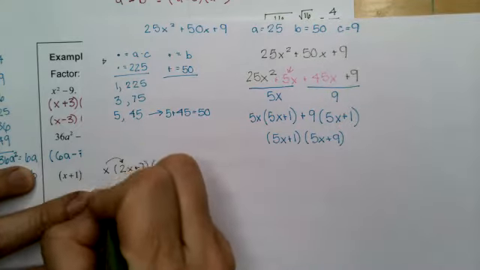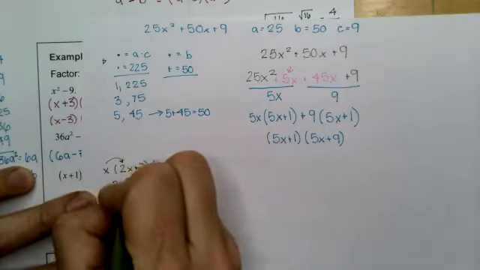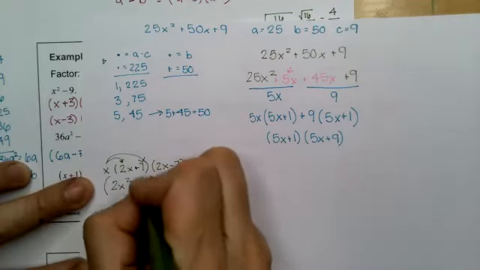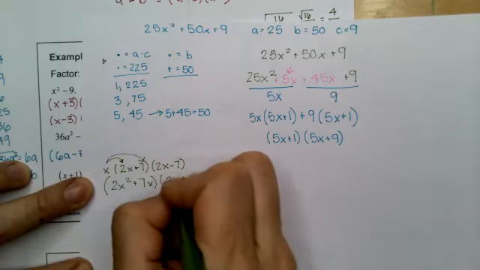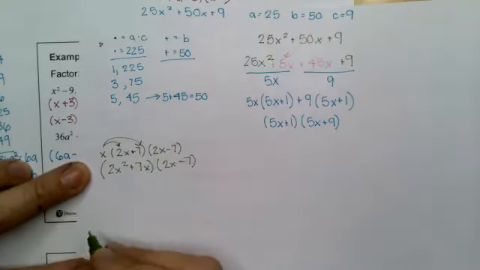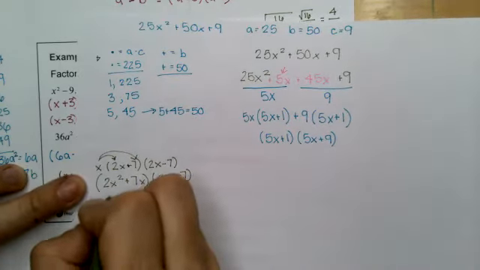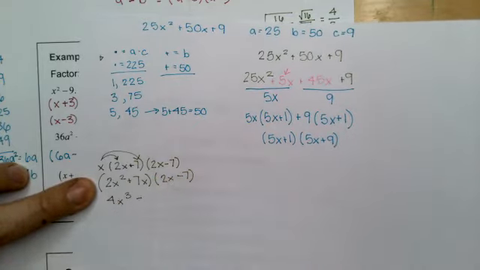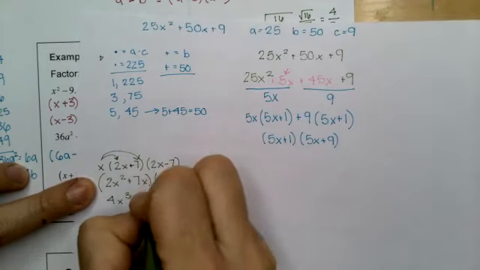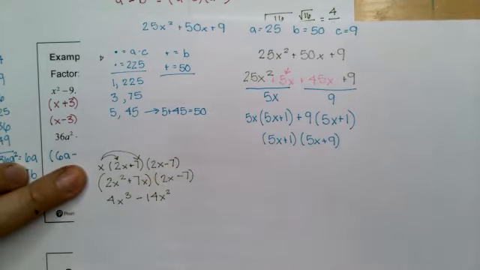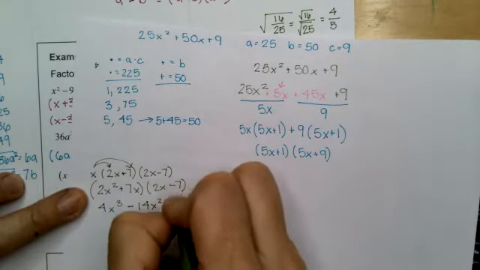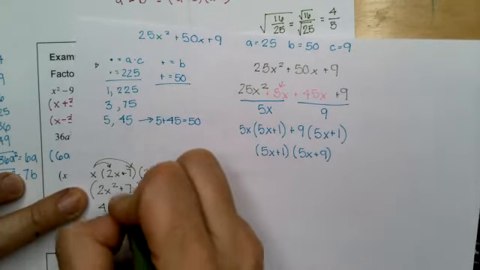So x times 2x is 2x squared. X times 7 is 7x. So now I have 2x squared plus 7x times 2x minus 7. 2x squared times 2x becomes 4x cubed. 2x squared times minus 7 is minus 14x squared, right? 7x times 2x is 14x squared.